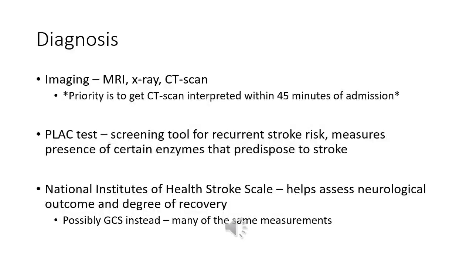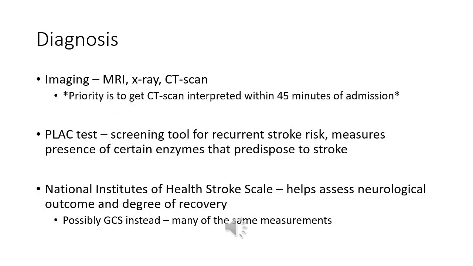Some other ways we can use, usually not so much to diagnose a stroke that's happening, but to help give us a prognosis for recovery after a stroke or potentially evaluate for risk of stroke. One is the plaque test, which is just a screening tool that measures for enzymes that are present within the serum that predispose an individual to a stroke.